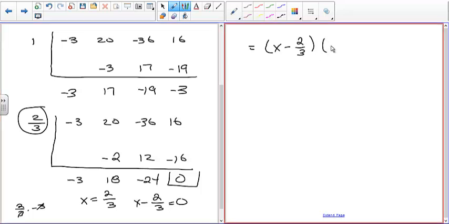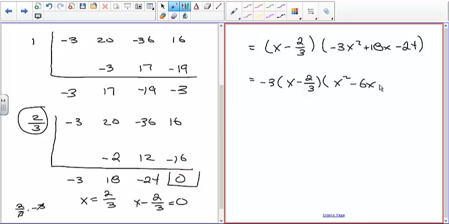And then what we have left is negative 3x squared plus 18x minus 24. And you can factor out a negative 3. So you get negative 3 times x minus 2/3 times, you're left with x squared minus 6x plus 8.